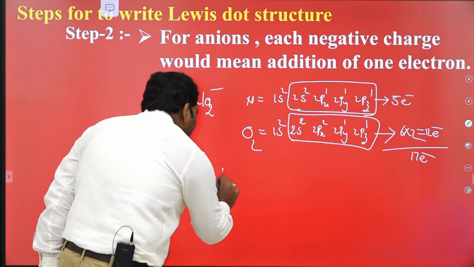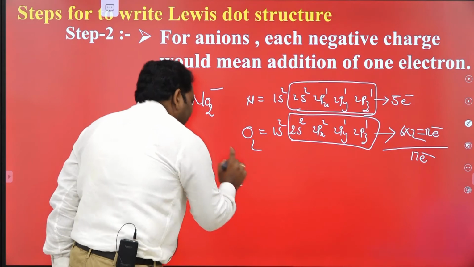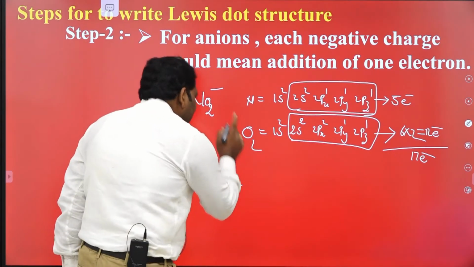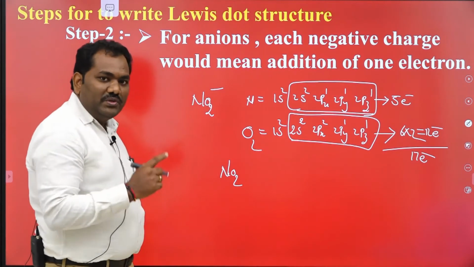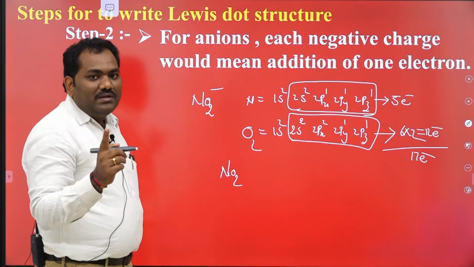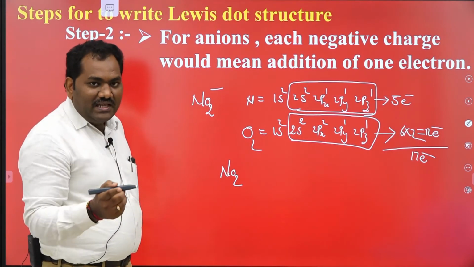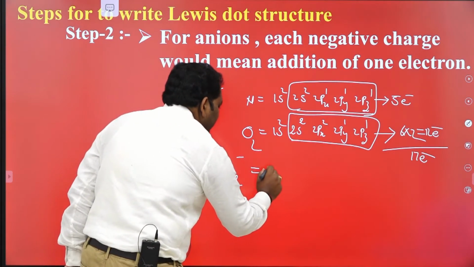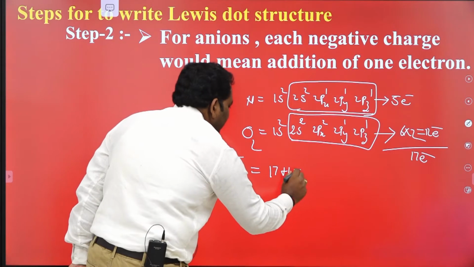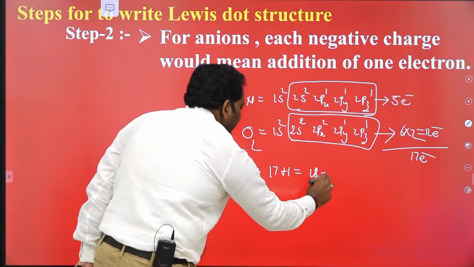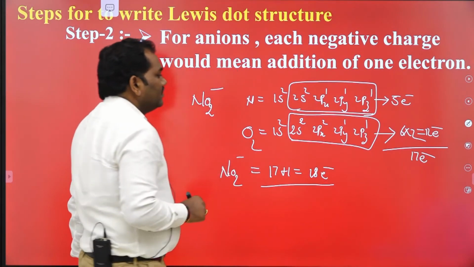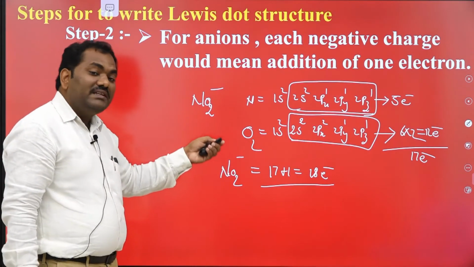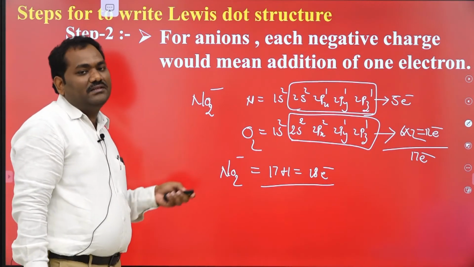The newly added electron is also treated as a valence electron. That's why NO2 minus contains 17 plus 1, equal to 18 electrons. This is called the nitrite ion.